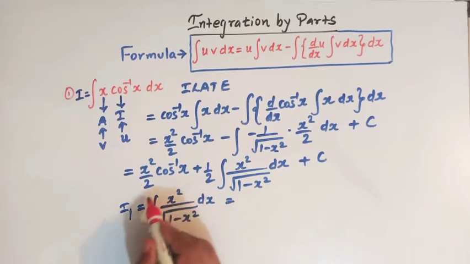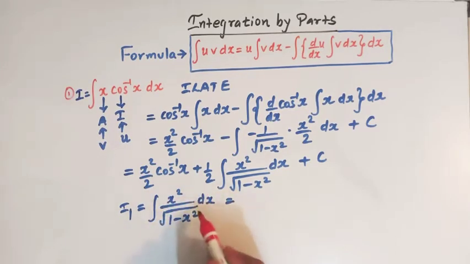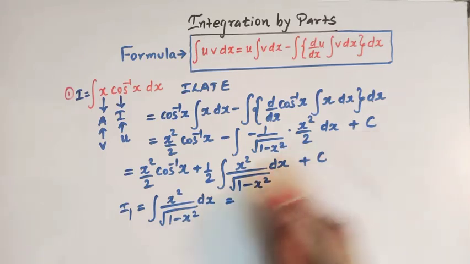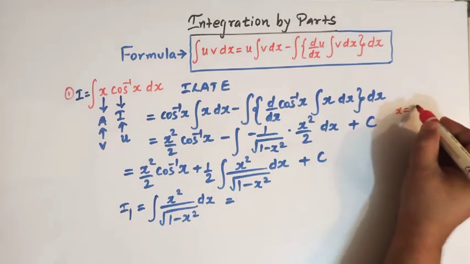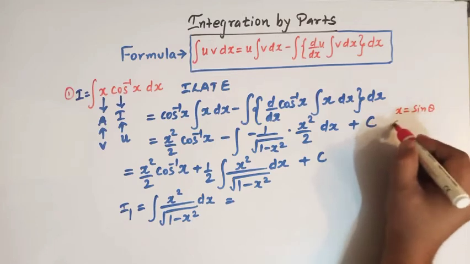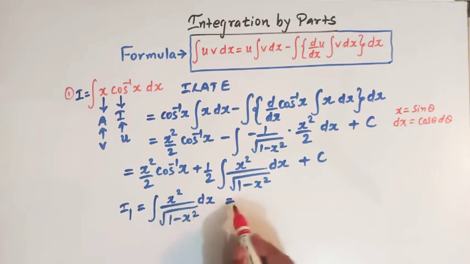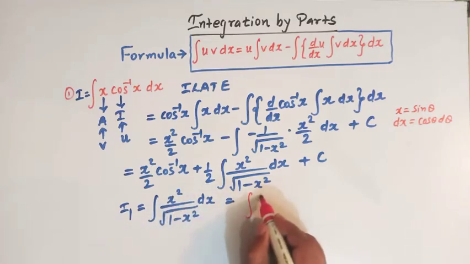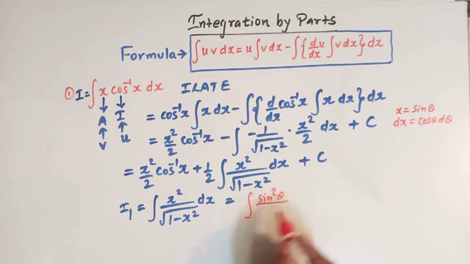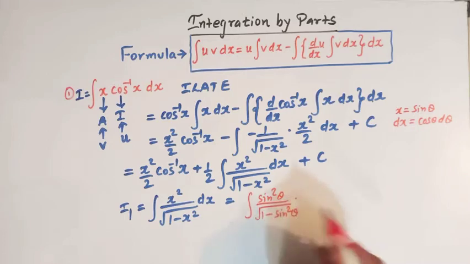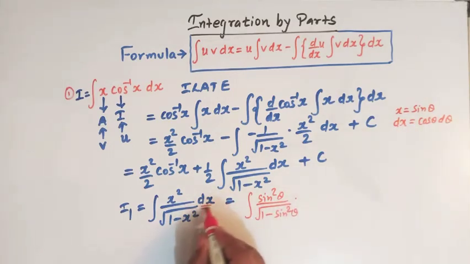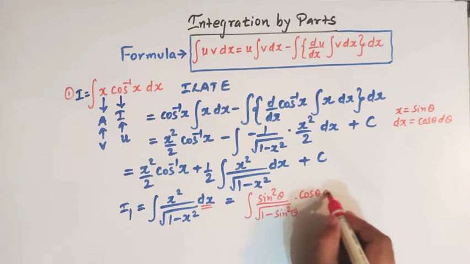Now in order to evaluate this integral, we can apply various methods, but here I am going to solve it by using the method of substitution. So let us substitute x is equal to sine theta. So dx is equal to cos theta d theta, right? So therefore this integral becomes x square is sine square theta, and here square root of 1 minus sine square theta, then for dx we have cos theta d theta, right?